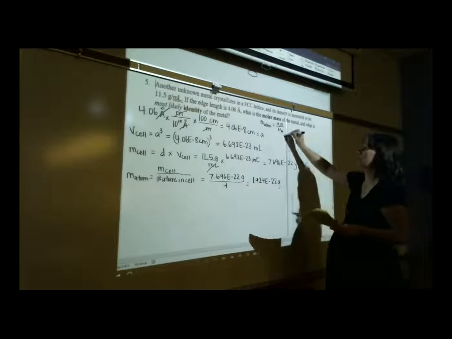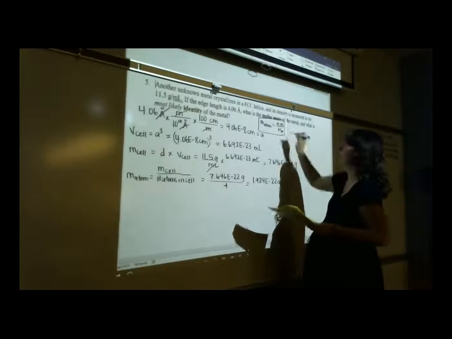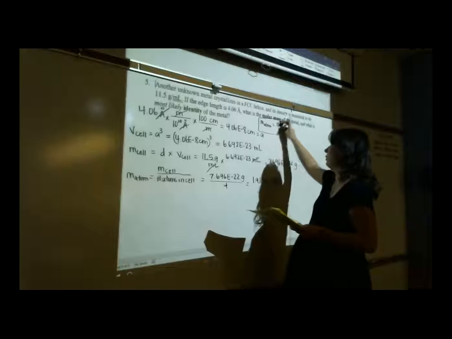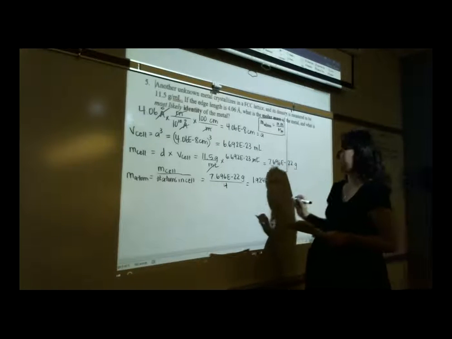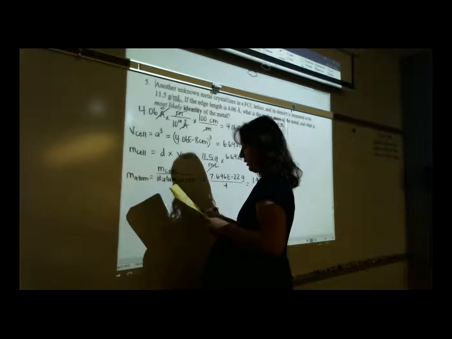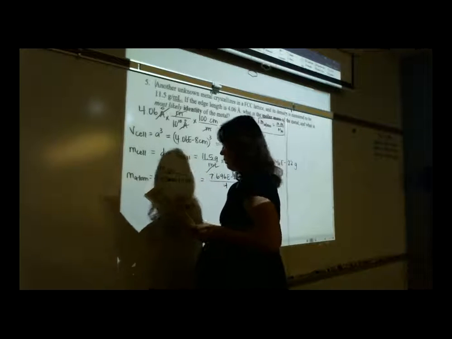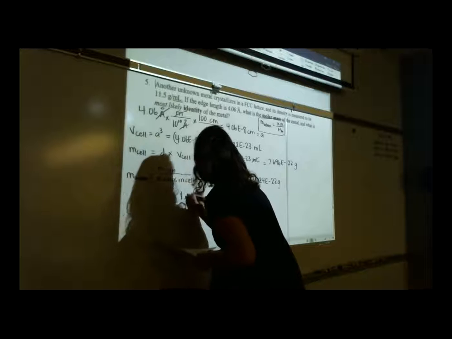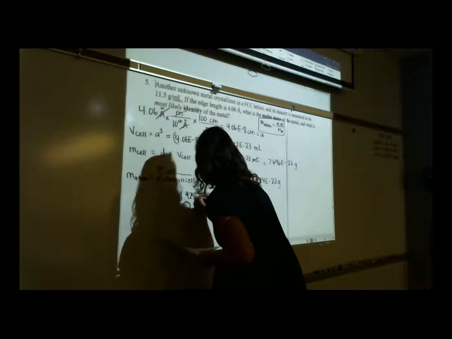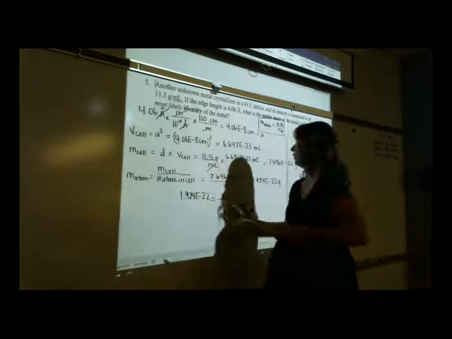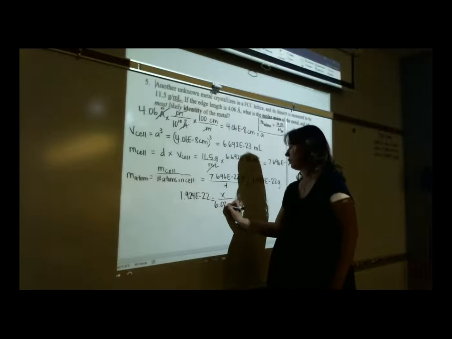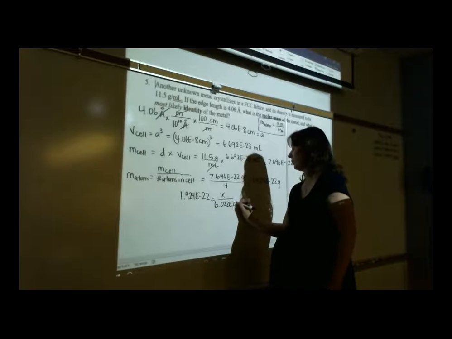All right, so now we're just plugging into this relationship, right? If mass of an atom is equal to molar mass over Avogadro's number, and this is a constant, and we just solved for this, we just say to ourselves, 1.924 times 10 to the negative 22nd is equal to x over 6.022 times 10 to the 23rd.